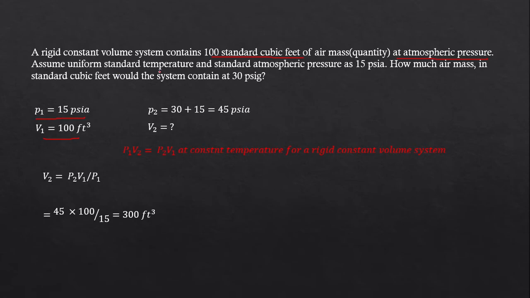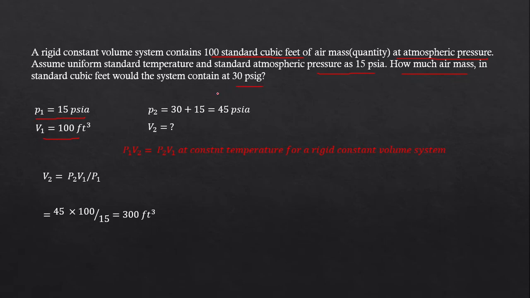Assume uniform standard temperature and standard atmospheric pressure as 15 psi. I use 15 here because the designer gave us the pressure as 15 psi. How much air mass in standard cubic feet would the system contain at 30 psig or gauge pressure?